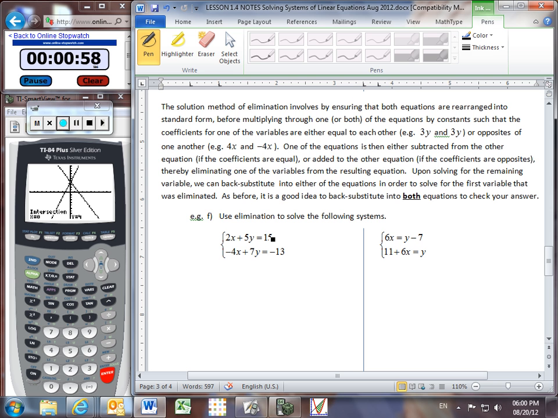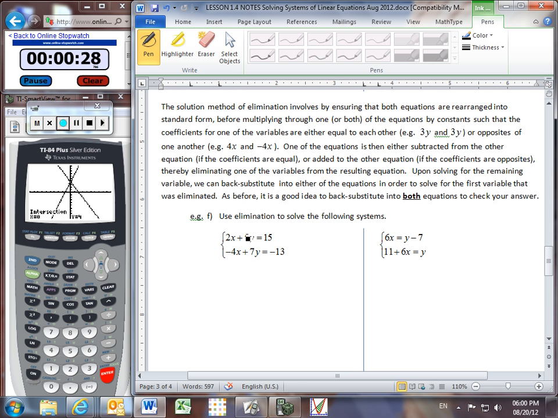And then we want to multiply through one or maybe both of the equations by constants, such that the coefficients, the numbers in front of the variables, for one pair of variables, maybe the x's or maybe the y's, are the same. And if they are, then we can add the equations together or subtract one equation from the other in order to eliminate that variable.